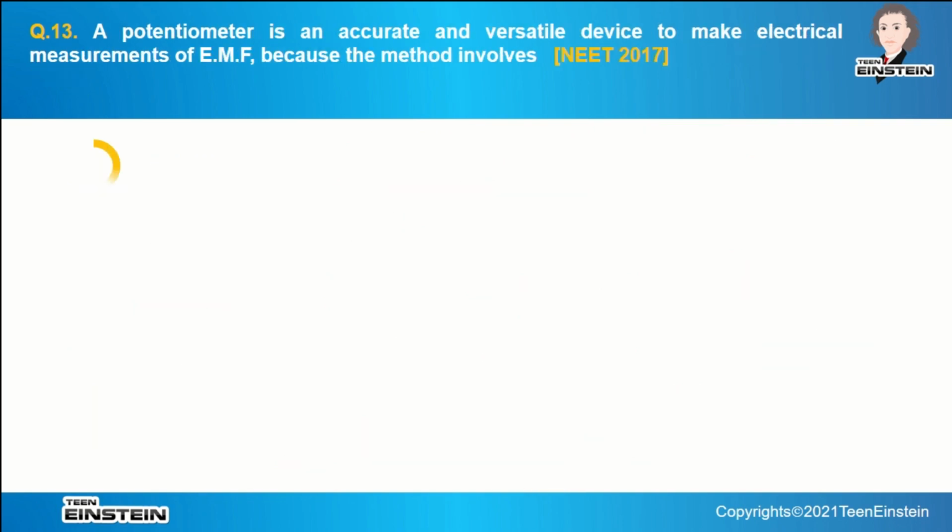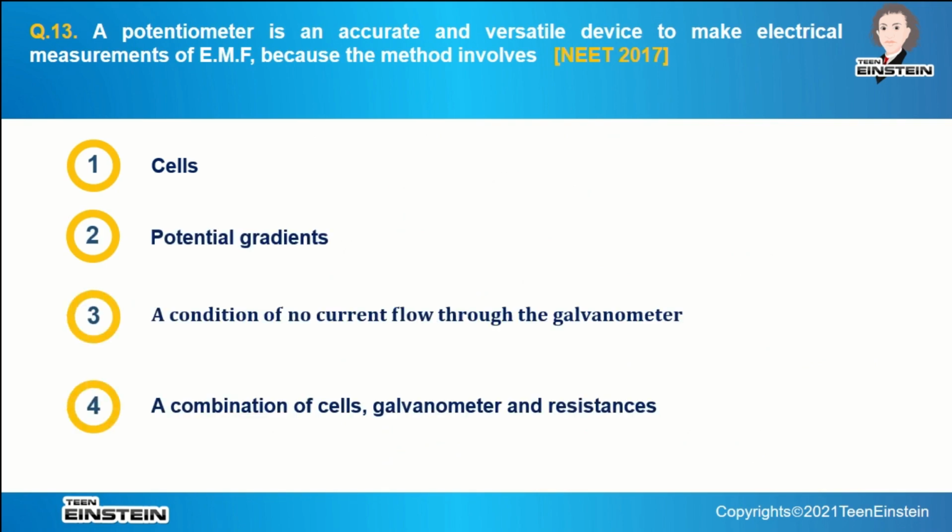Okay, so now we'll move on with the next question. A potentiometer is an accurate and versatile device to make electrical measurements of EMF because the method involves... So a potentiometer works on the principle of Wheatstone bridge.